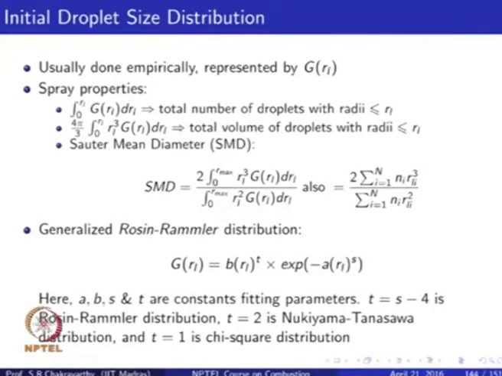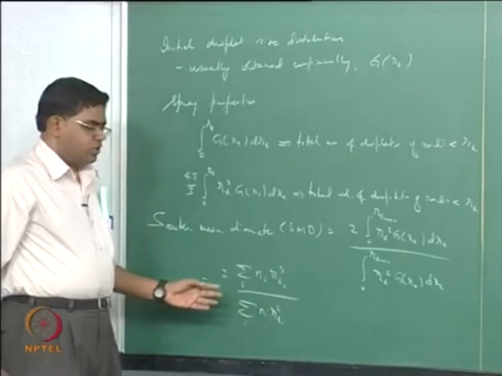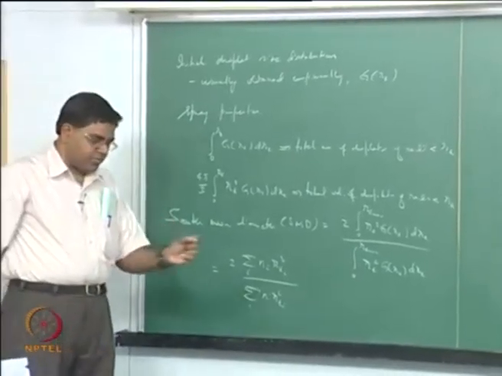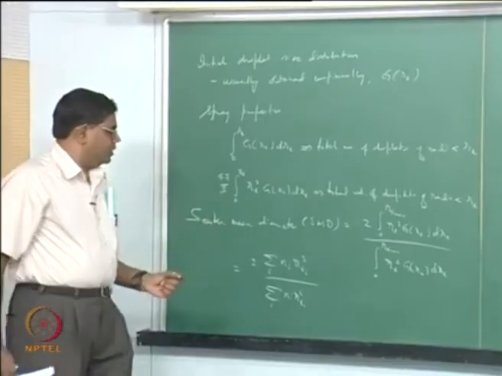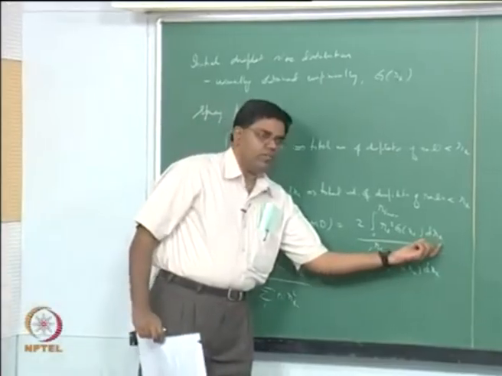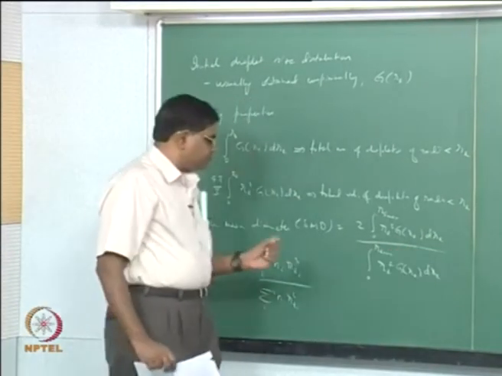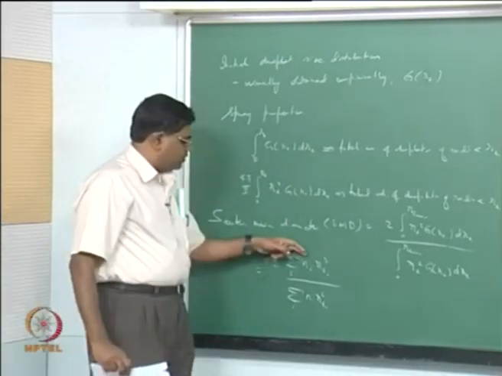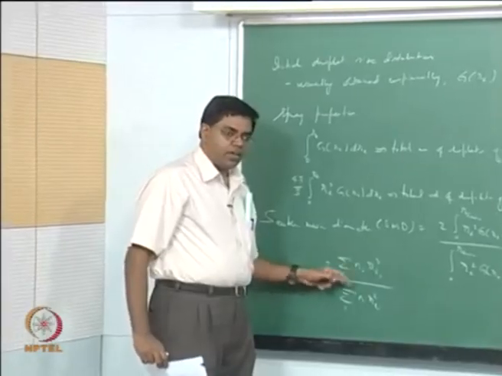Now this is more familiarly used, because typically what we do is we have a bunch of droplets and we try to size them into bins of certain elemental radius bins, and then you count the number of droplets in each bin, that is the Ni, and so on.